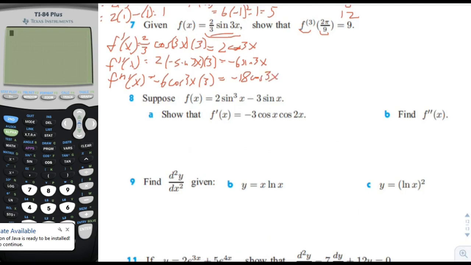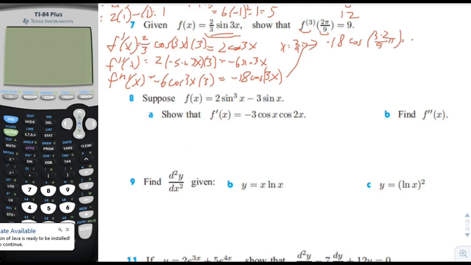Okay. And then it says if I put in 2/9 pi in here, so if I say x equals 2/9 pi, then I'm going to get 9. Let's see how that works. So I'll put negative 18 cosine, and we'll have 2/9 pi times 3. So it'll be 3 times 2/9 pi, and we'll see what that equals.